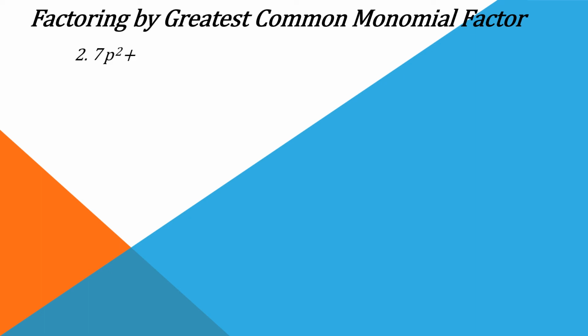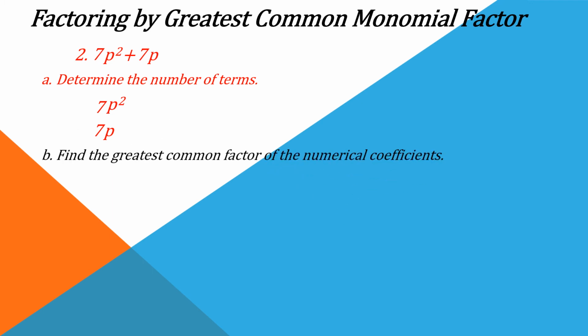Number 2 example, 7p squared plus 7p. So again, determine the number of terms. We have two terms, 7p squared and 7p. Letter B, find the greatest common factor of the numerical coefficient. We have the same numerical coefficient, which is 7.